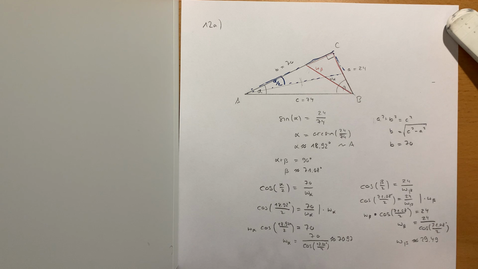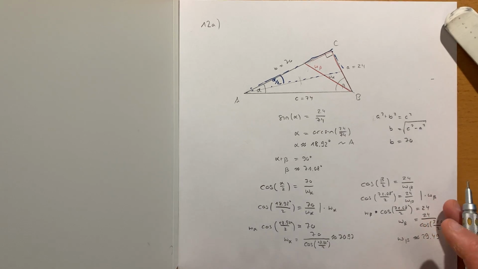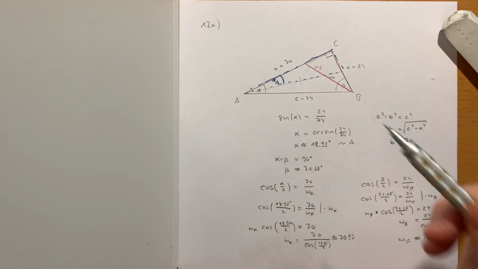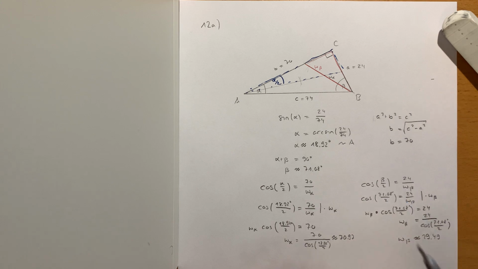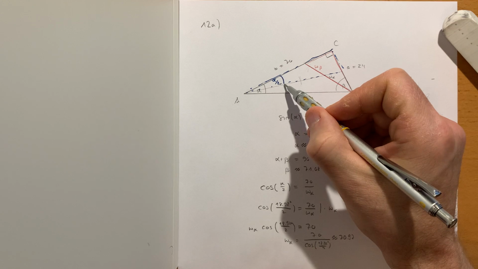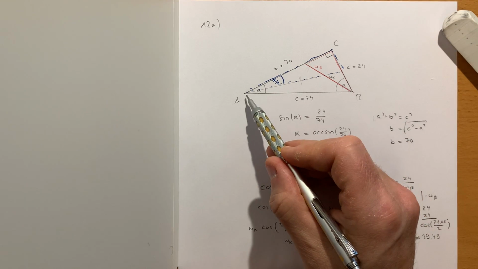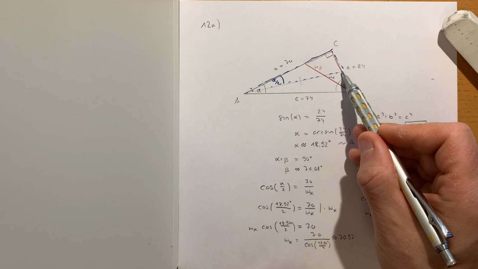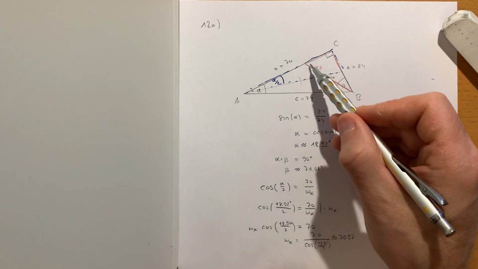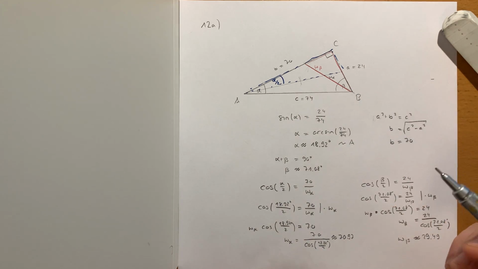The thing to remember here is they wanted us to calculate W alpha and W beta. We're not asked to work out alpha halves or beta halves. We're asked to work out the length of this very special line, W alpha and W beta.